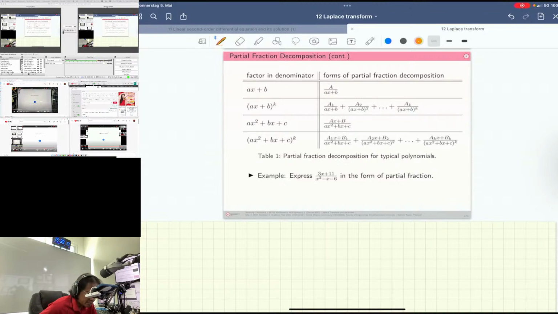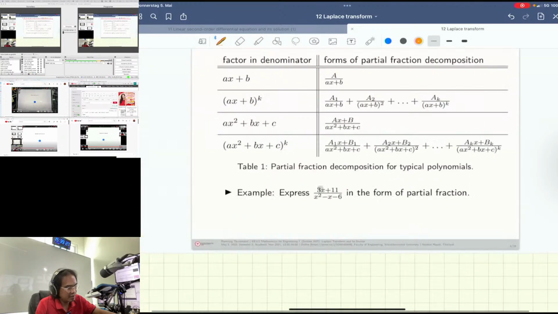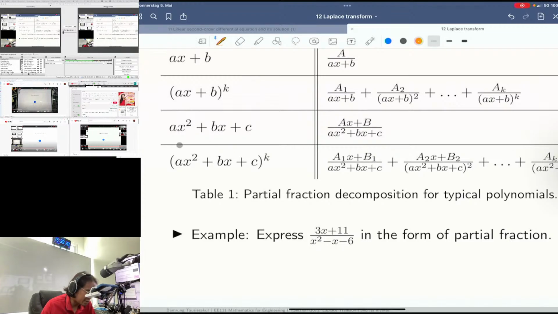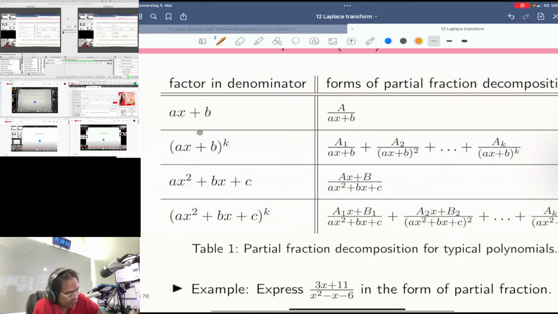You can see that you have the denominator x squared minus x minus 6, right? So your a is 1, your b is minus 1, your c is minus 6. So you have capital A is 3 and b is 11. So you don't have to do anything at all, but it's not the case. You should decompose this one into factors.